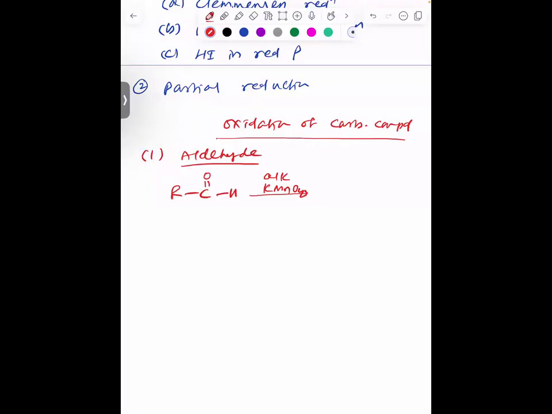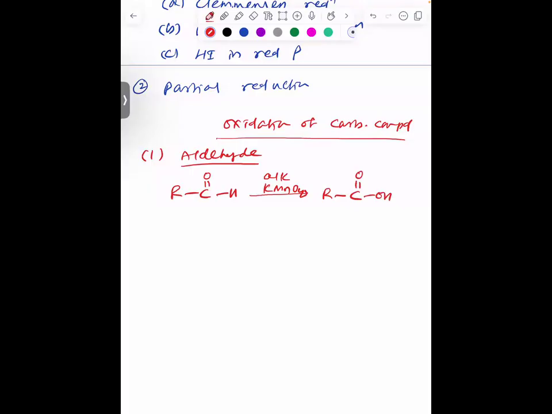Because the CH bond present here can be easily oxidized to give the OH.